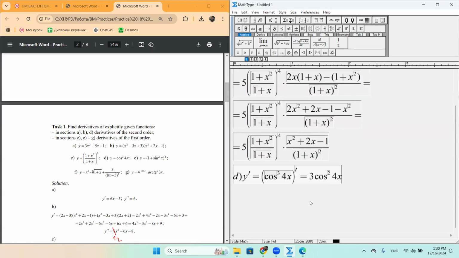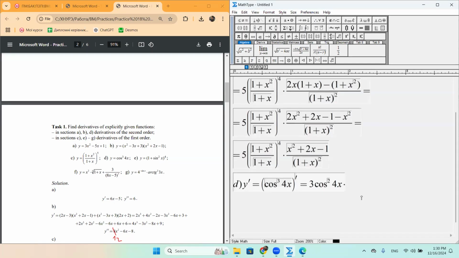Going on. So we multiply by minus sine over 4x. And don't forget about this argument, multiplied by 4.